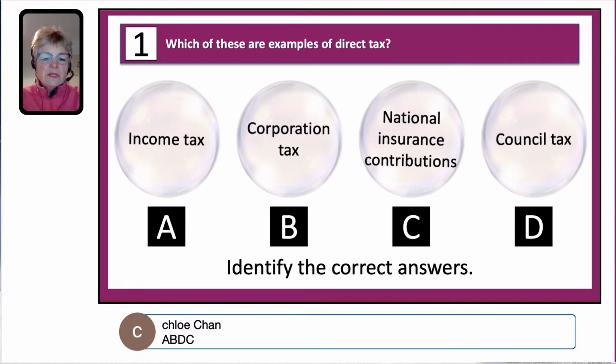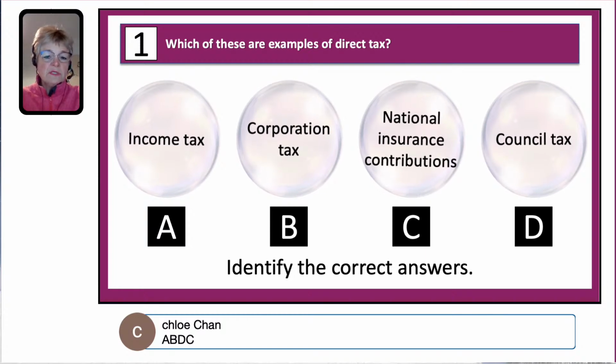Now, remember, a direct tax is one that is on income, it's on a stream of revenue. An indirect tax you can, in theory, avoid because it's on a good or service. So let's have a think about that. Income tax is on my income. Corporation tax is on a firm's income.